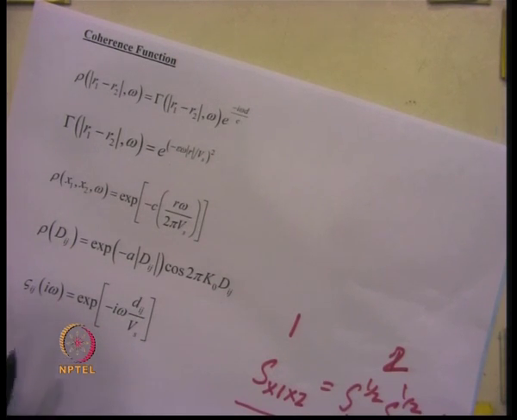The general form of the coherence function, represented by this equation, is given over here, where we can see that this is an exponential function of an imaginary quantity i.